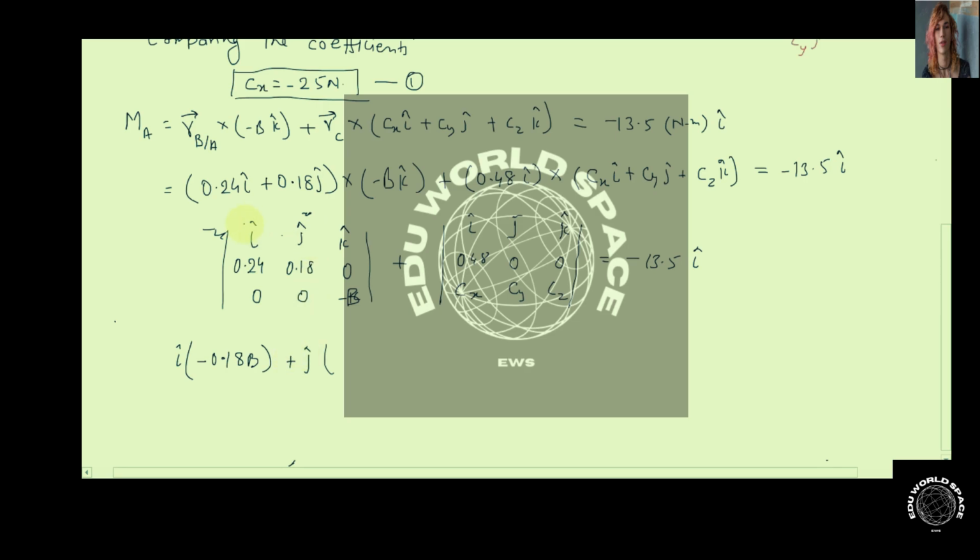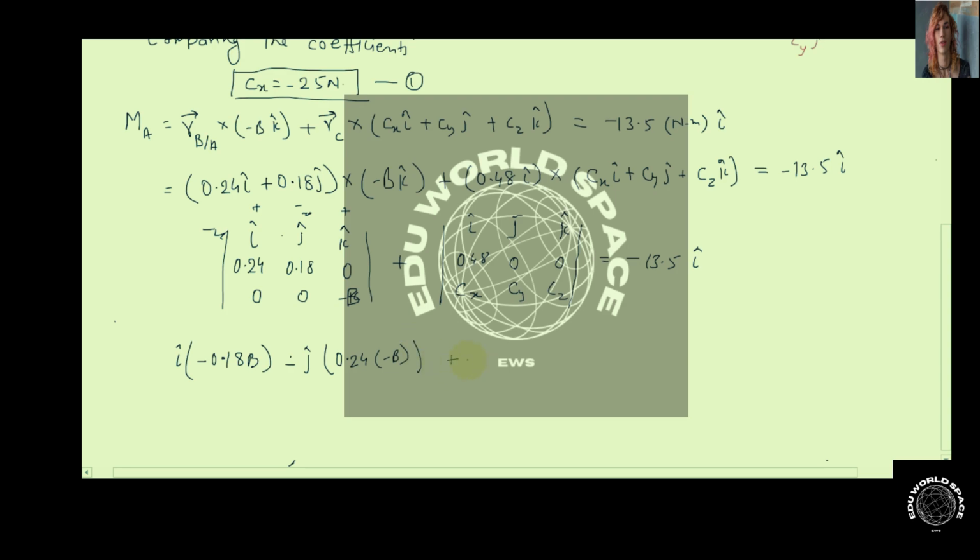Since in a determinant the signs go plus, minus, plus, the sign of j will be negative, so minus j cap multiplied by 0.24 into minus B, and no other term will be there.